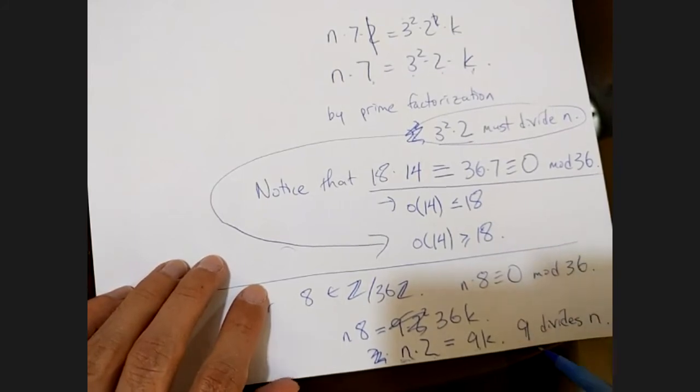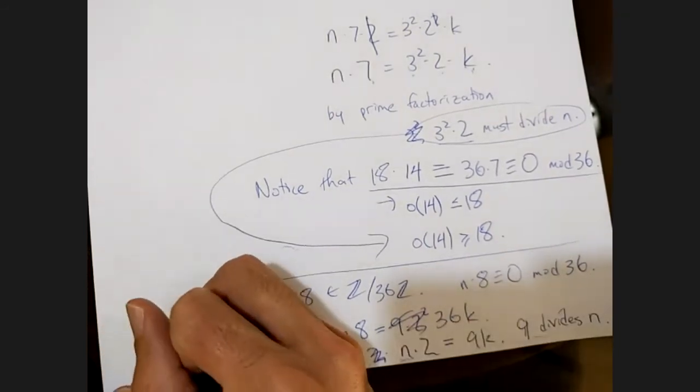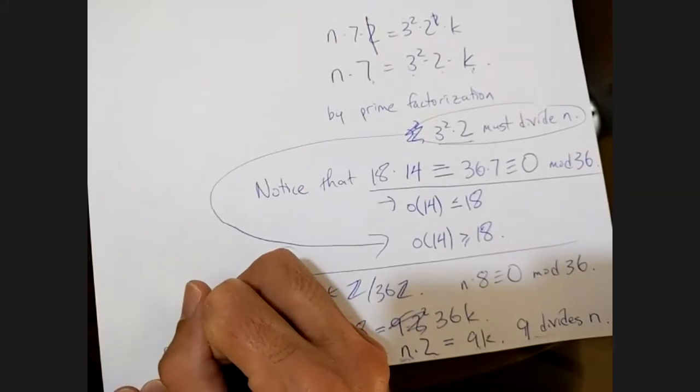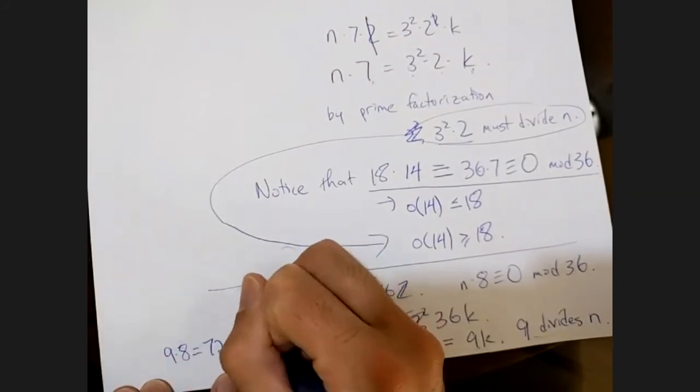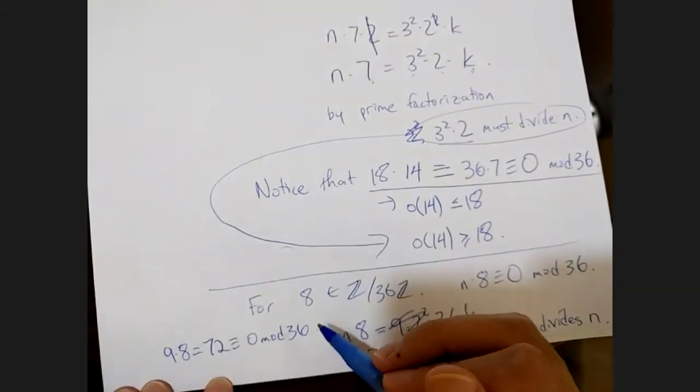So the order of 8 is at most 9, and this tells us it's at least 9, so it's exactly 9.